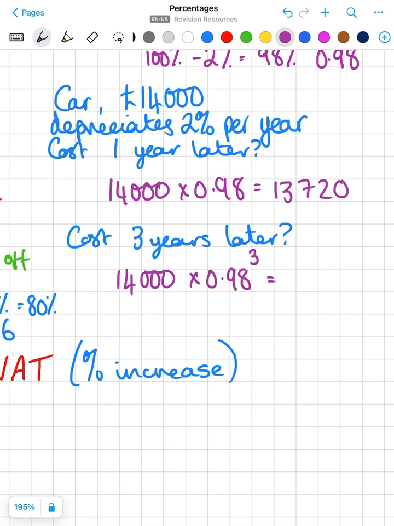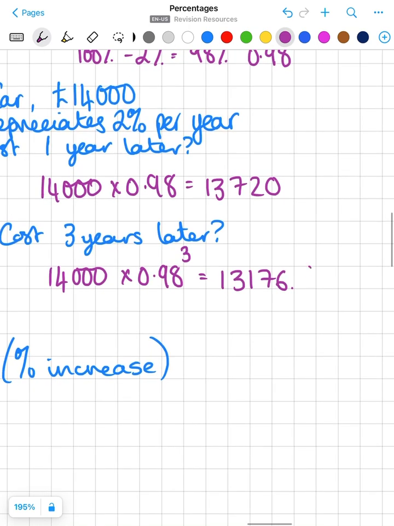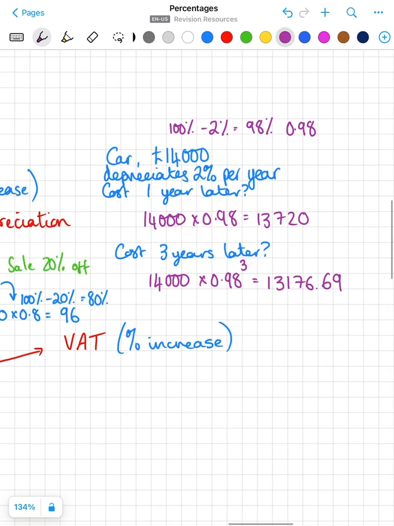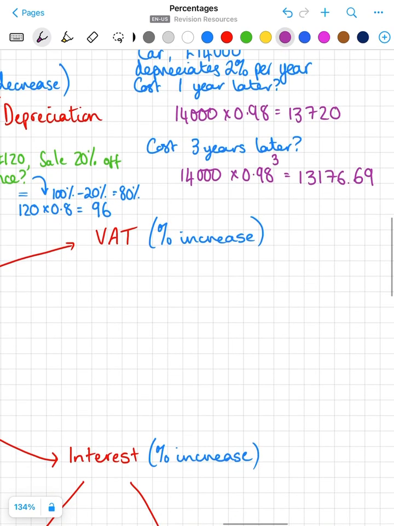So we can just raise that to the power of 3. You can do it in one swift calculation. £13,176, and if it's money, it's 2 decimal places, 69 pence. This will really help with our compound interest that we'll look at shortly.